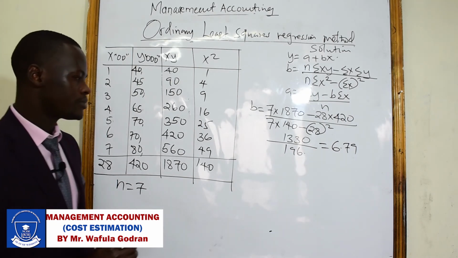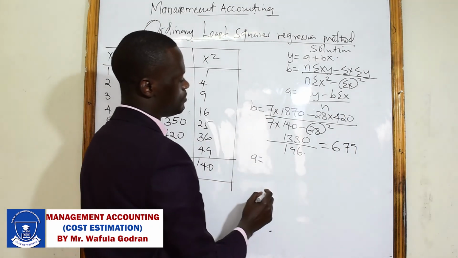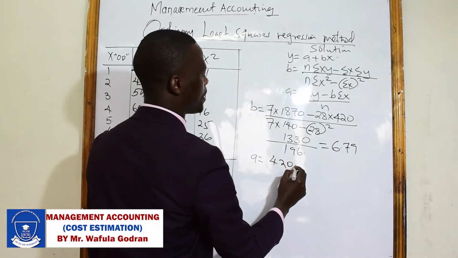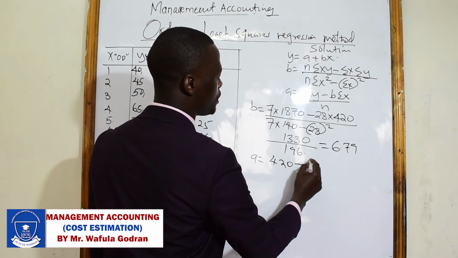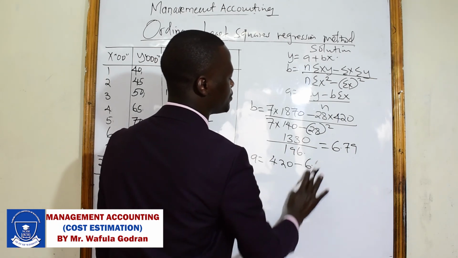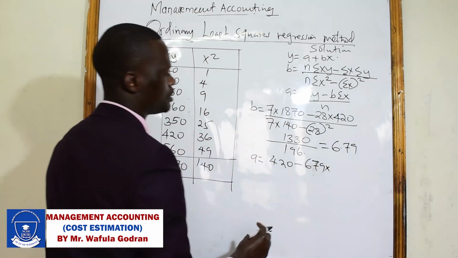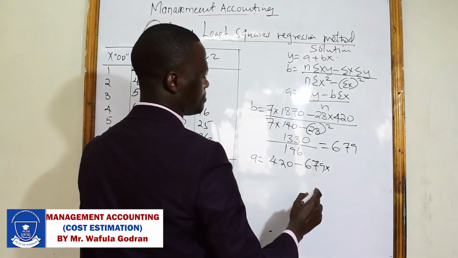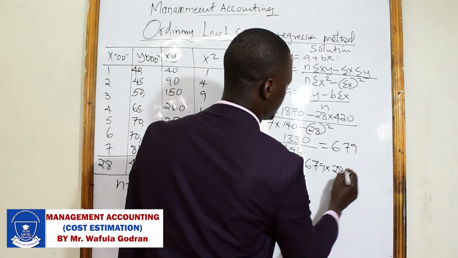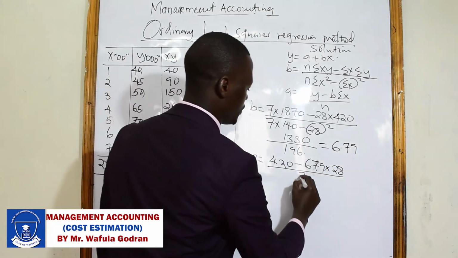We go to the value of A. A is given by summation of y, which is 420, minus B, that is 6.79 times summation of x, which is 28, divided by n, divided by 7.